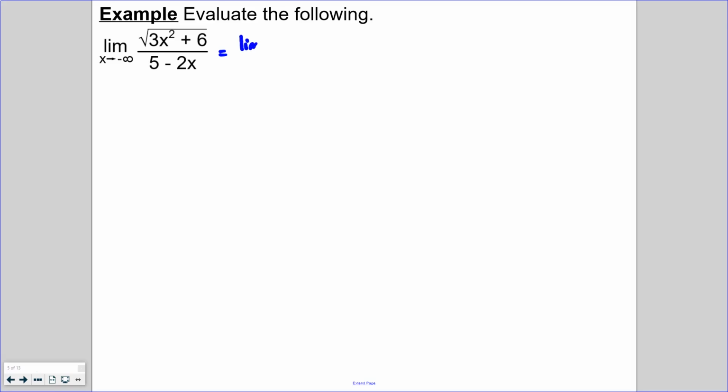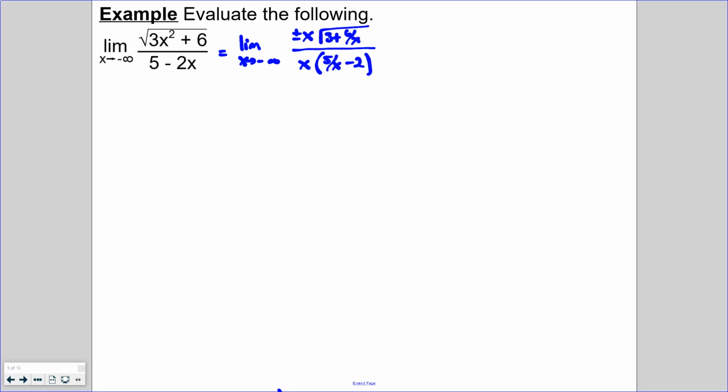And we'll go to the important step, which is going to leave us with the plus or minus x times the square root of 3 plus 6 over x squared all over x times 5 over x minus 2.